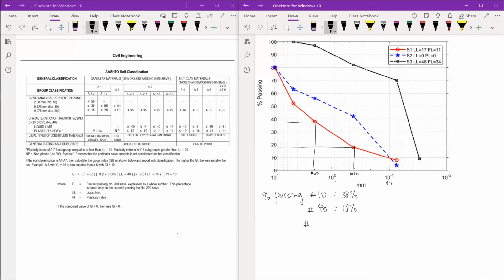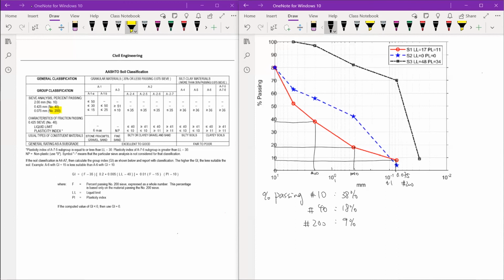Further on, the AASHTO method also looks at percent passing number 200. The size of number 200 is right here, 0.075, and the percent passing we need is about 9%.